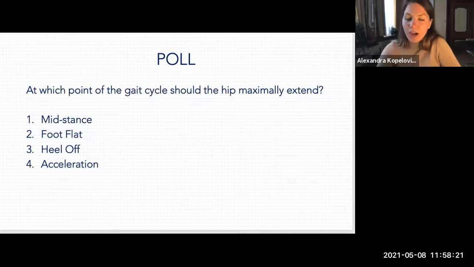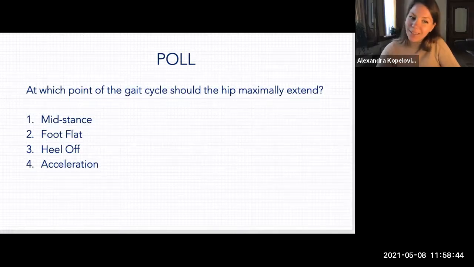At which point of the gait cycle should the hip maximally extend? And I'm going to launch this poll. So at which point of the gait cycle do you expect maximum extension at the hip joint? Is it the mid stance?